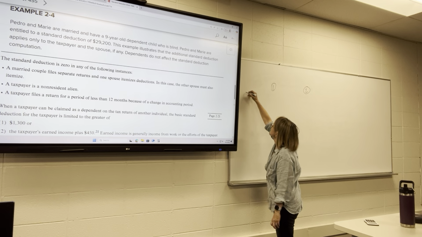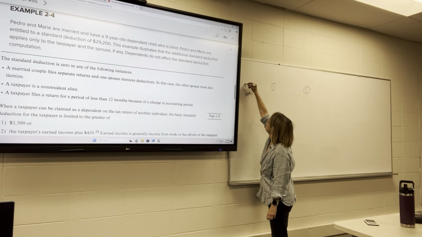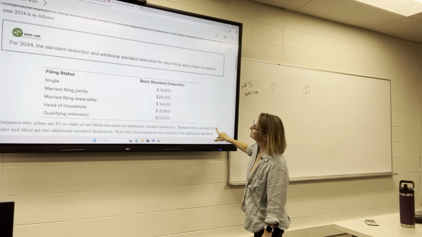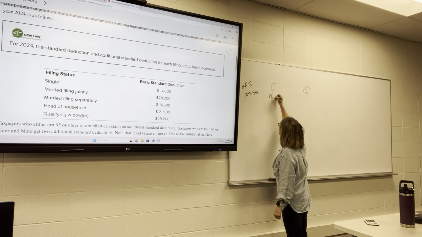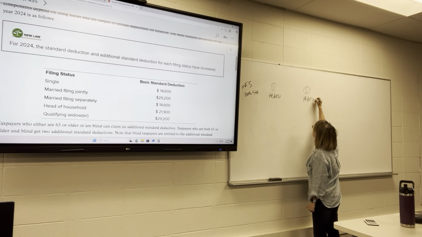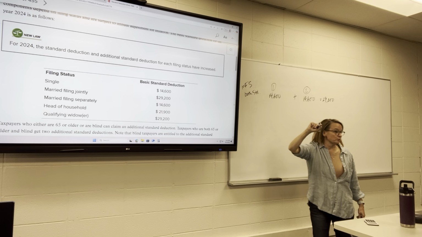Let's say both take the standard deduction. This is married filing separate. If both take the standard deduction, they both get $14,600. You add those two together, you come up with $29,200. That's the same as the married filing jointly.